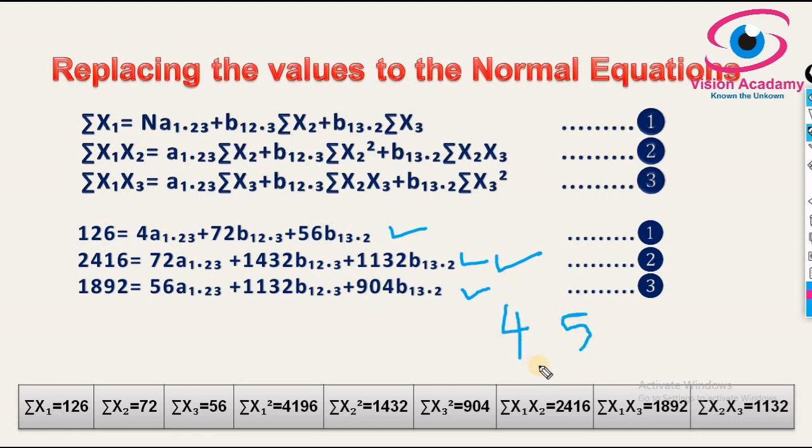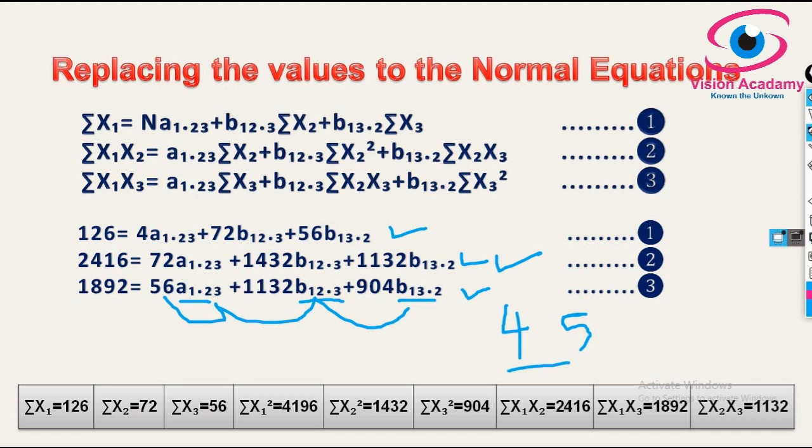When I simplify equations 4 and 5, I will find one of the values b13.2, b12.3 or a1.23, and using that I will find the remaining two values.